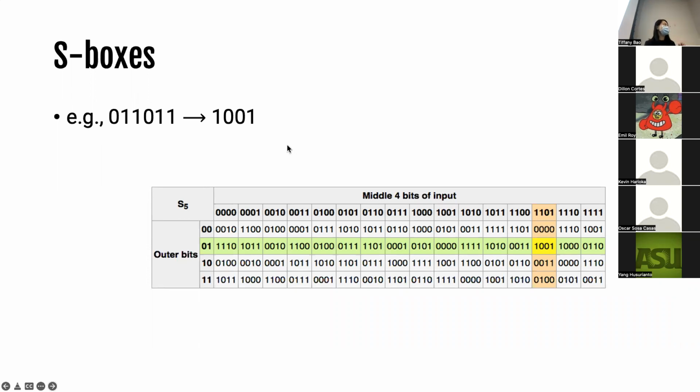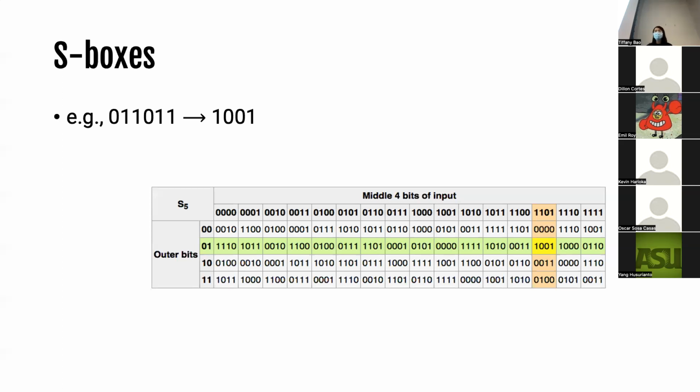You look at the outer bits, the leftmost and the rightmost bits, and you find the bits according to the table. That is one dimension, the row. And then you look at the 4 bits in the middle, and that is another dimension, the column. Then you will get the corresponding 4 bits using the lookup table.